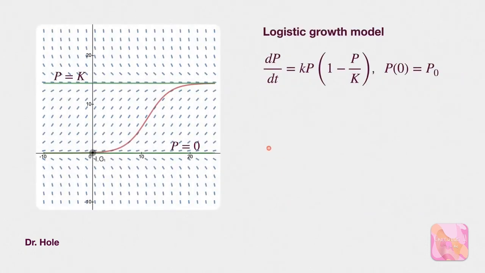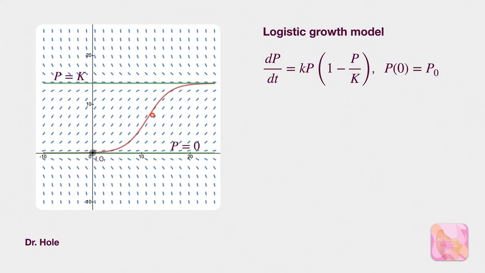Let's take a look at the direction field then, so that we're coming up with an equilibrium solution, P equals K, in addition to the previous equilibrium solution under the exponential model, P equals 0. Two factors, the exponential factor and this difference.